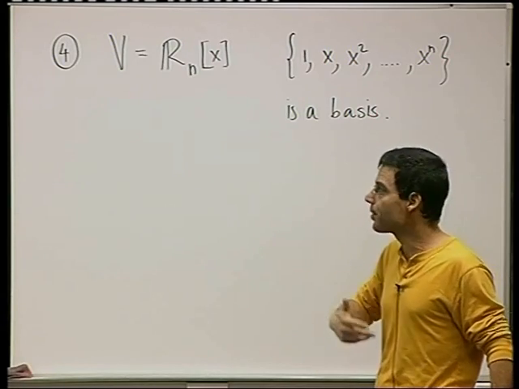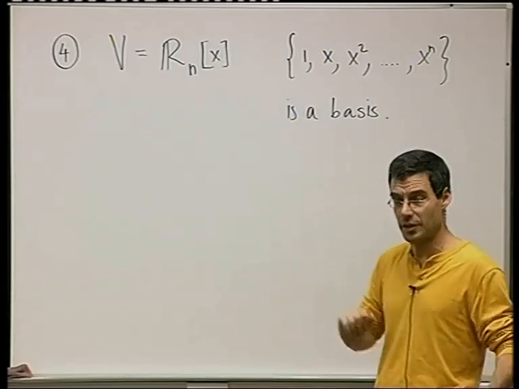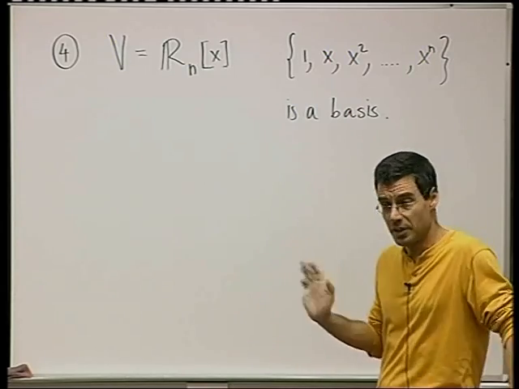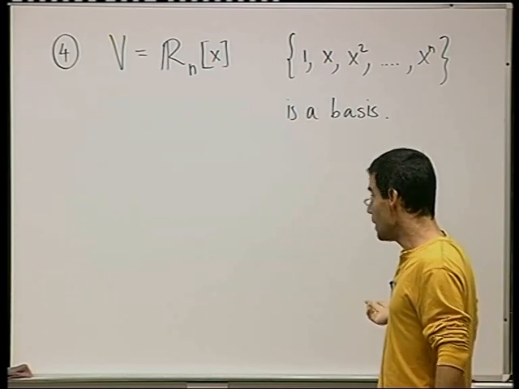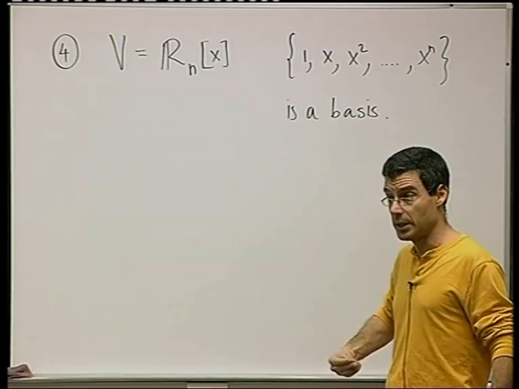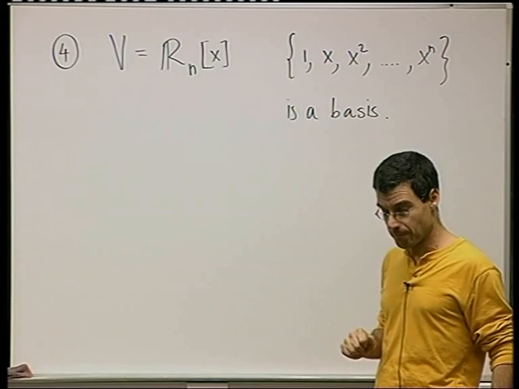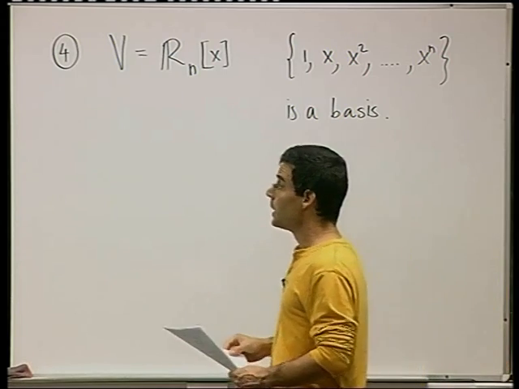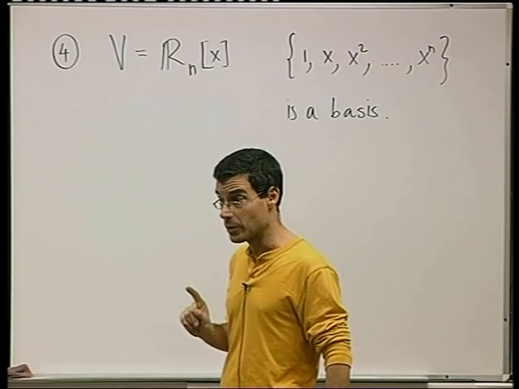Both normally translate to solving some relevant system of equations. Not the same system. You have to understand what you're doing. Two, bases are not unique. A space can have many different bases. So coming up next, dimensions of a vector space.